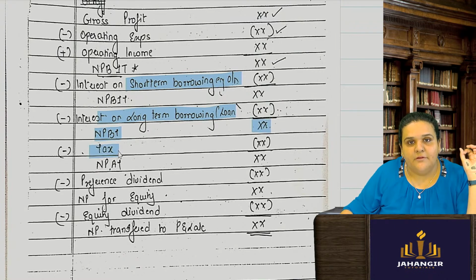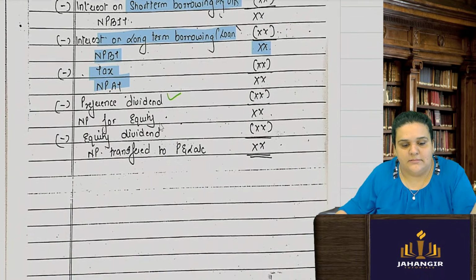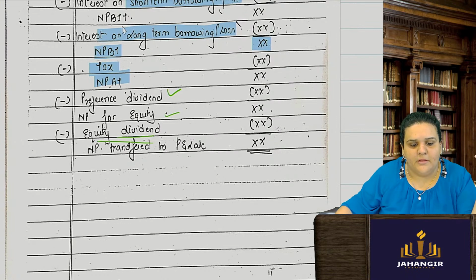Tax rate will be given, net profit after tax. From there, I will subtract my preference dividend. Net profit available for equity shareholders. If I subtract my equity dividend also from it, say suppose tomorrow I am paying them equity dividend.